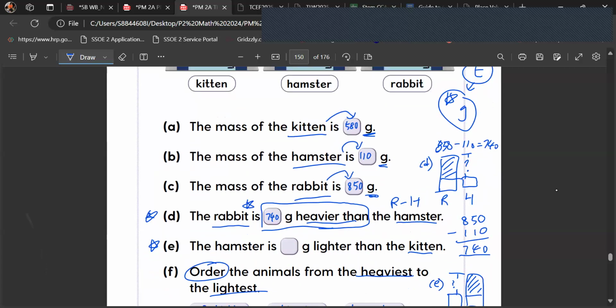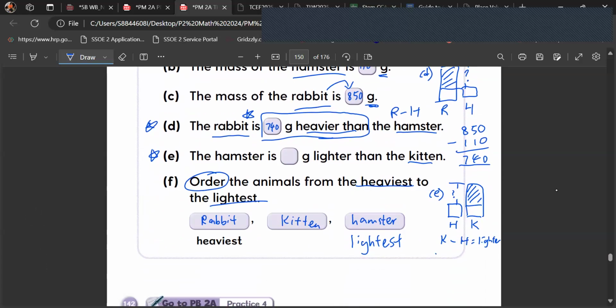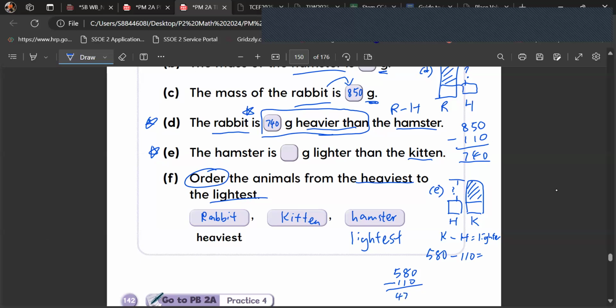Kitten is 580 grams minus the hamster 110 grams to know how much lighter the hamster is, which will be 470 grams.